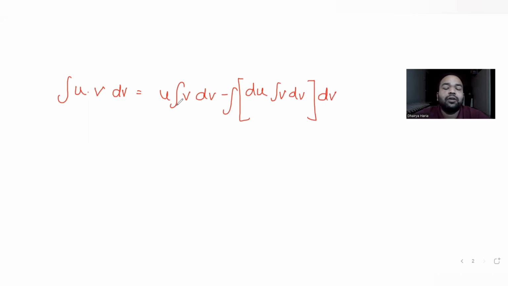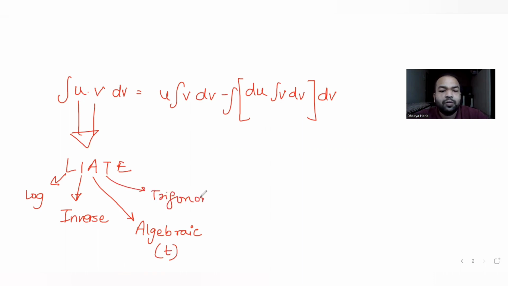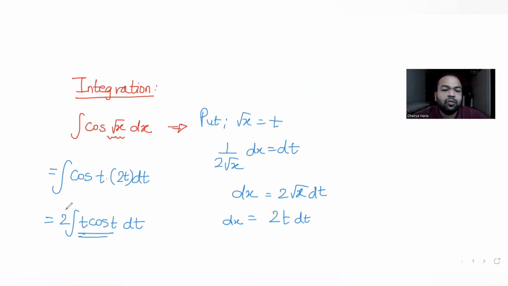Now I can keep u and v according to the order criteria, which is LIATE, where L is your logarithmic functions, I is your inverse trigonometric functions, A is your algebraic functions, like in this case it is t, T is your trigonometric functions, in this case cos t, right?